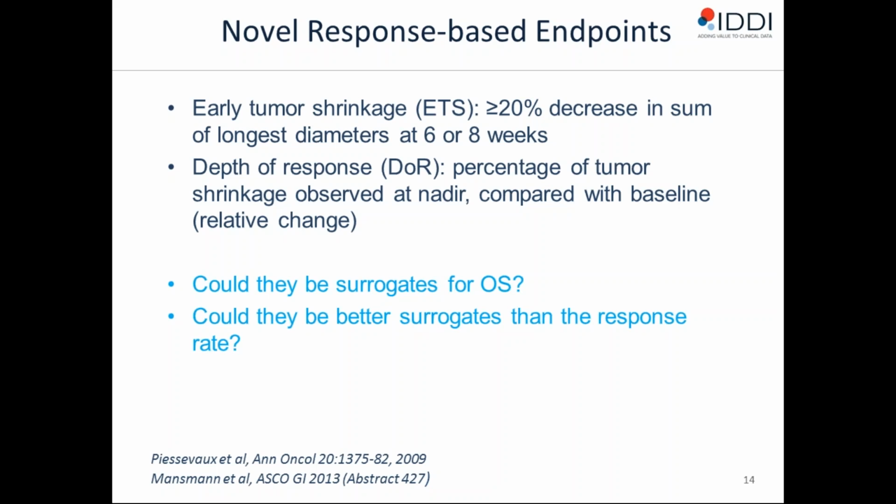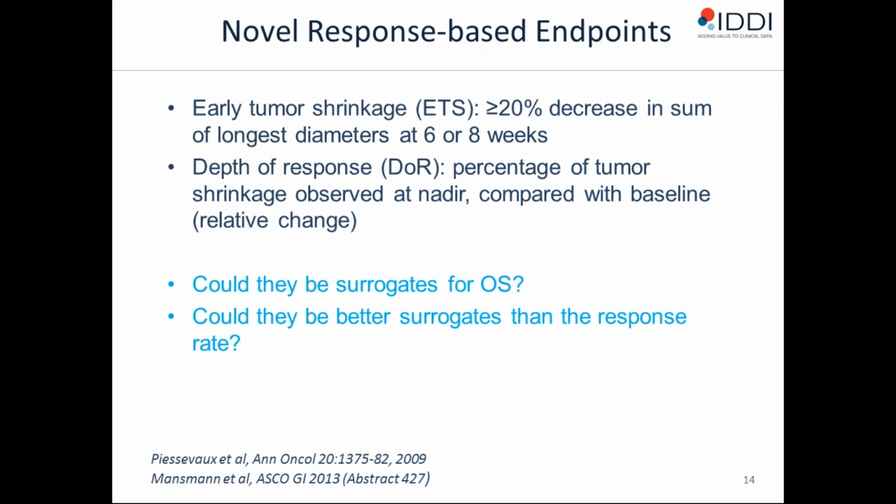So by assessing at a certain landmark after start of therapy, it's hoped that decisions can be made sooner. Now, depth of response is different because it's a continuous variable, and it measures the percentage of tumor shrinkage observed at the nadir defined as the lower tumor burden in comparison with baseline. So in other words, this is a relative change from baseline.